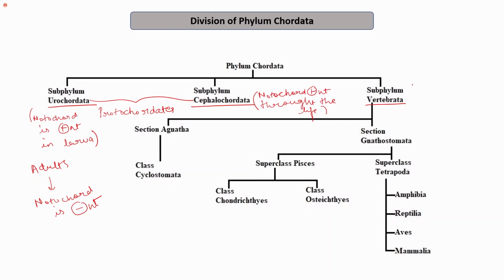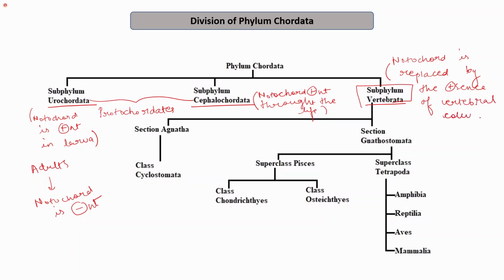Then we started with the subphylum Vertebrata. What is the main characteristic of subphylum Vertebrata? The notochord is replaced by the vertebral column.